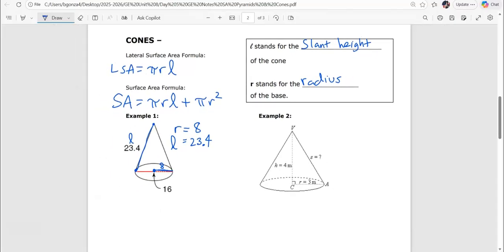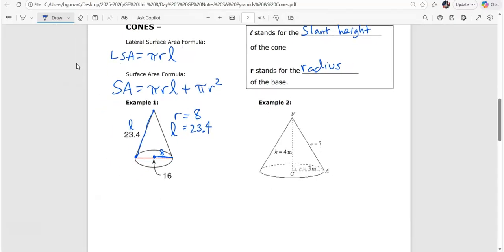So we should be able to do this. Shouldn't be too hard. Okay, LSA is equal to pi RL. Okay, which is what? Pi times the radius, which is 8, times the slant height, 23.4.